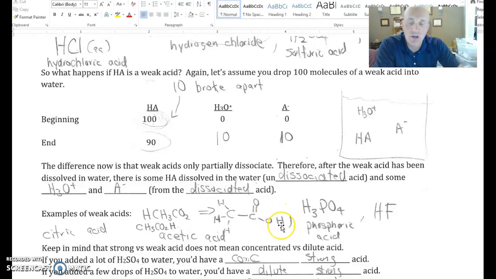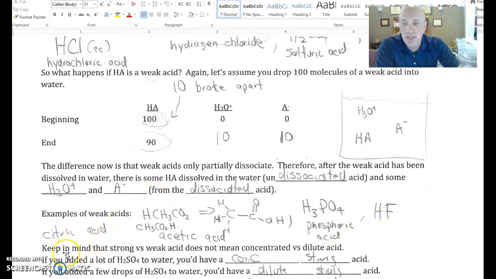If you remember from the little bit of organic chemistry, this is what's called a carboxylic acid, and the reason is that this hydrogen can be donated to water. Another example would be H3PO4, that's phosphoric acid, and HF, which is hydrofluoric acid.